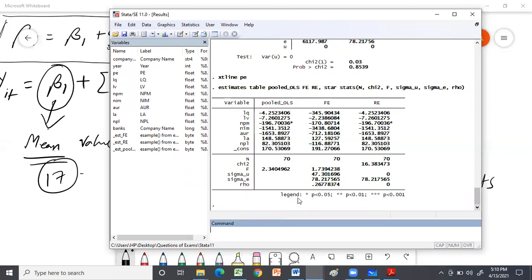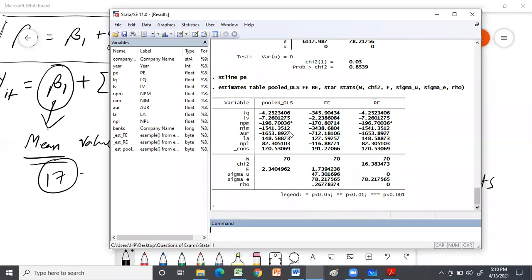And there is a legend given: p means the probability value, p value less than 0.05 হলে, if any coefficient's p value is found less than 0.05, then there will be 1 star given.